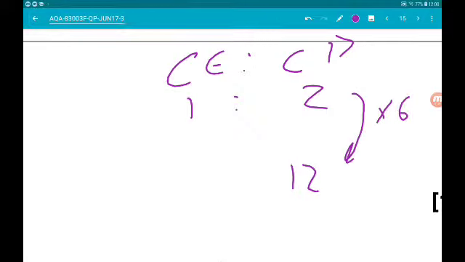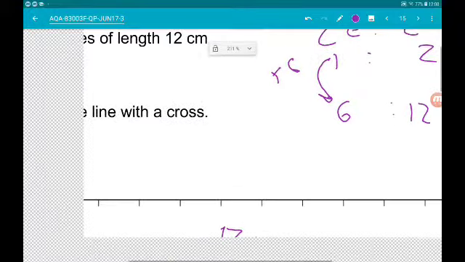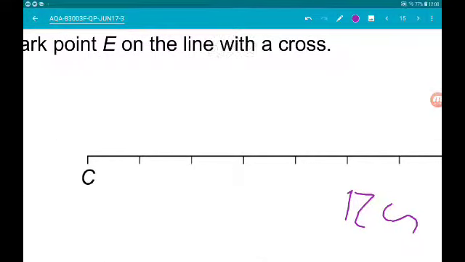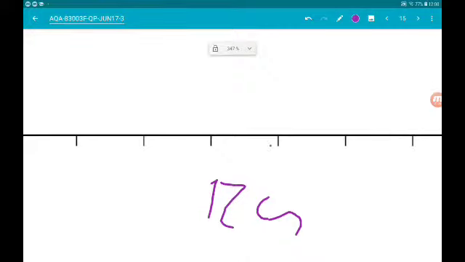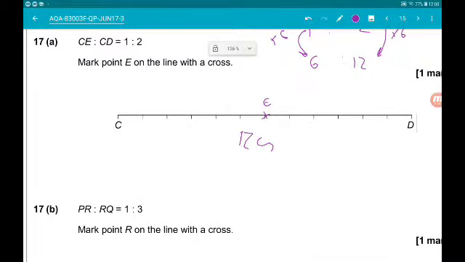We multiply it by 6. So we do the same to CE. So 1 times 6 is 6. So CE is 6 centimeters long. So we want to go 1, 2, 3, 4, 5, 6 in, point E is there, slap bang in the middle.